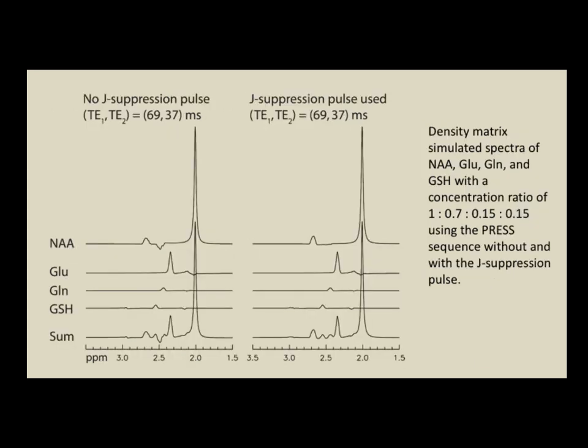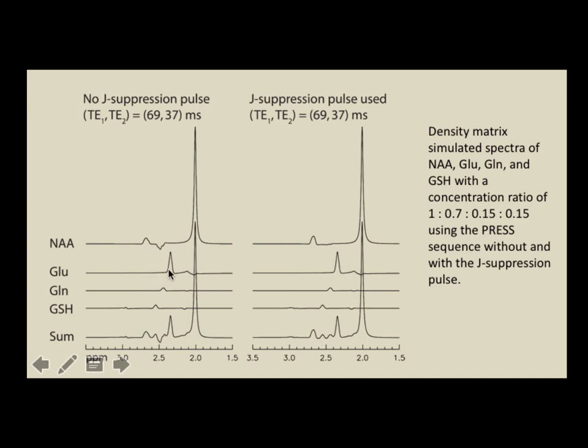So here are some simulations, like at TE equal 106 milliseconds, without the J suppression pulse. We can look at the NAA spectrum. It has a dip at 2.5 ppm due to the H3 proton.